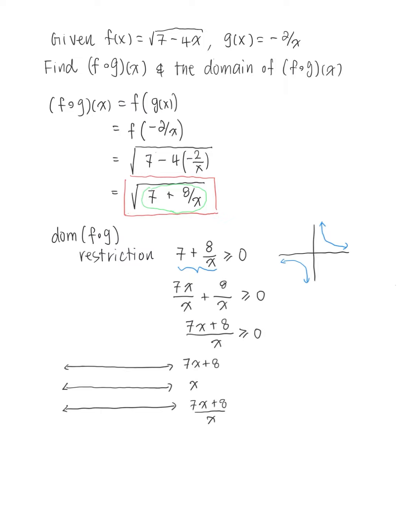So 7x plus 8 equals 0. Subtract 8, so 7x equals negative 8, so x is going to be negative 8 over 7. Now jot down negative 8 over 7 on that number line. Okay, now you're going to do the same thing for x.